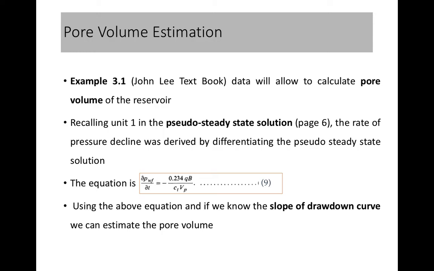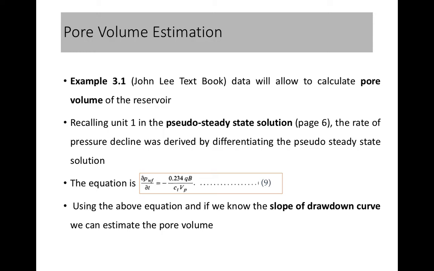Now this data which is coming out of drawdown testing is also useful in estimation of pore volume. I recommend you to go through example 3.1 in the John Lee textbook, where the data allows you to calculate the pore volume of the reservoir.